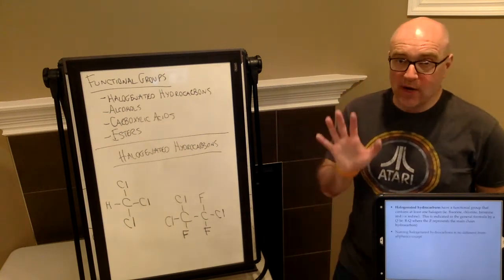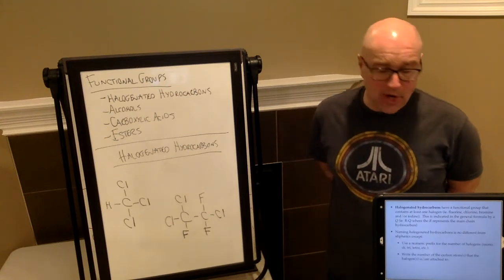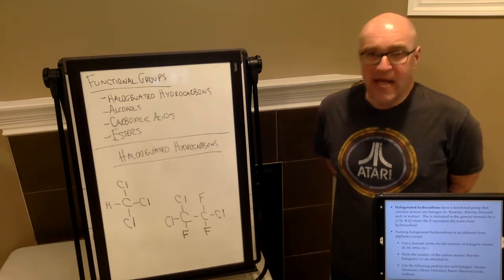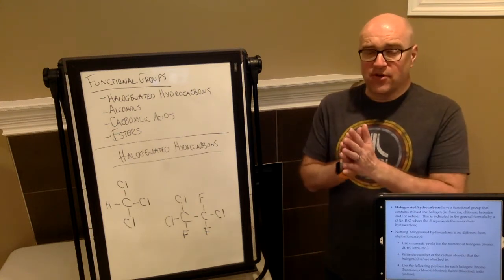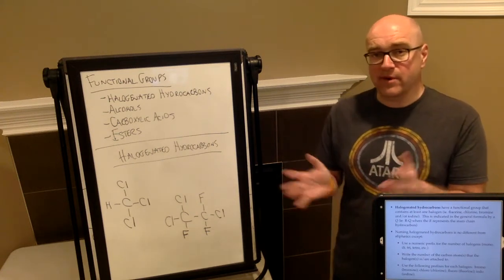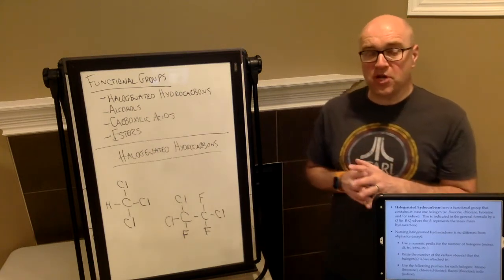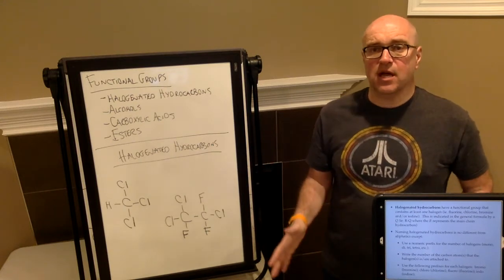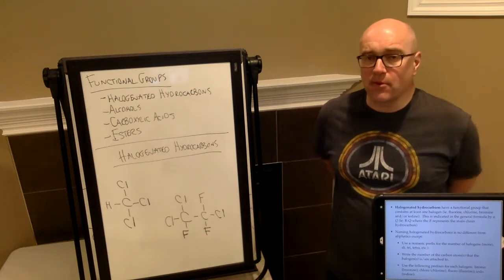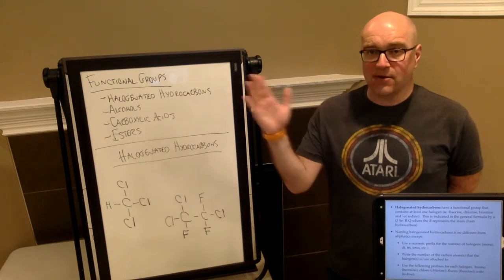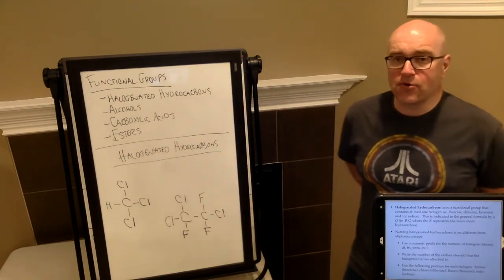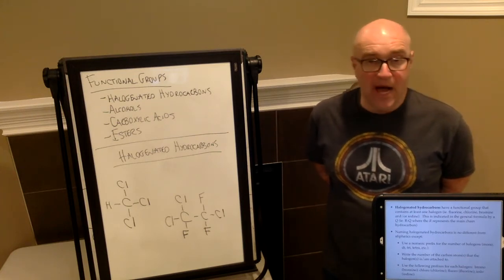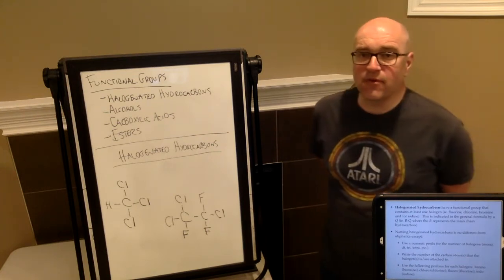So let's discuss what halogenated hydrocarbons are. Well, they're essentially hydrocarbons that have a halogen attached to them. And if you remember from your discussions in chemistry or in Science 10 or even back to Science 9, when you discussed the periodic table, the second last column, right before the noble gases, those are your halogens, that form ions that have a charge of -1.